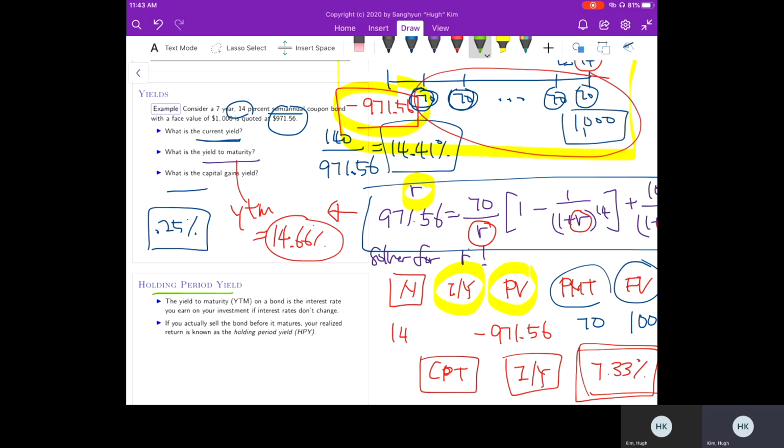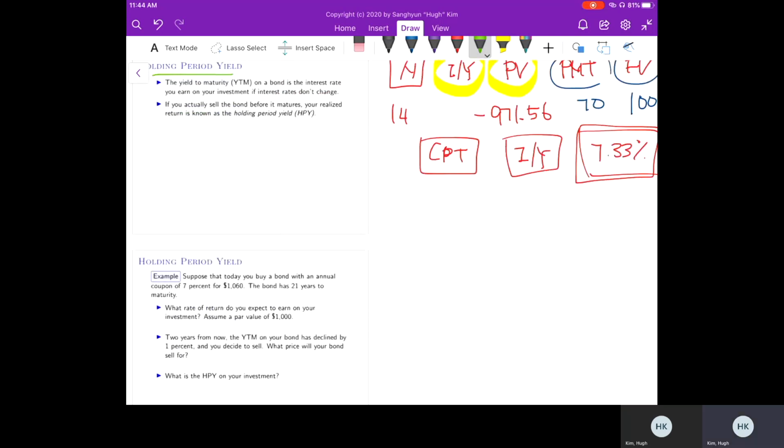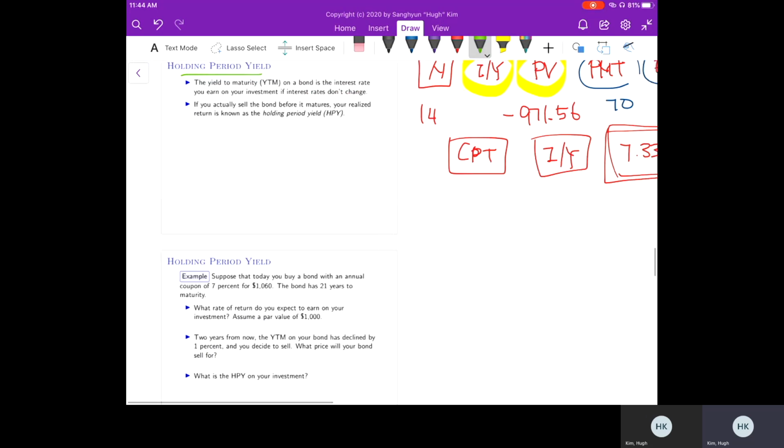But if you actually sell the bond before it matures, your realized return will be different from yield to maturity. Your realized return is known as holding period return, or holding period yield. So in order to find holding period yield, you must consider the cash flows from your investment. So let's look at an example.